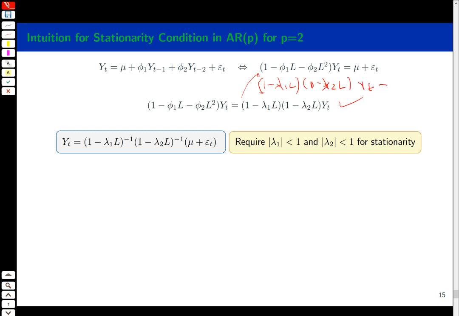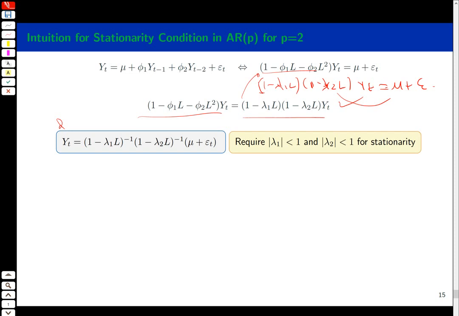We can expand out the left-hand side. If we expand it out, we'll get 1 minus lambda 1 L minus lambda 2 L plus lambda 1 lambda 2 L squared. Then we can just match coefficients.